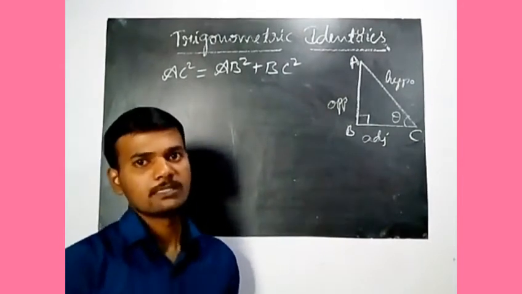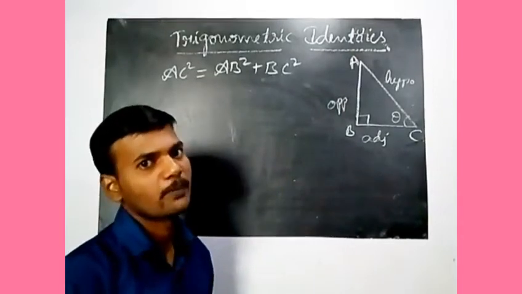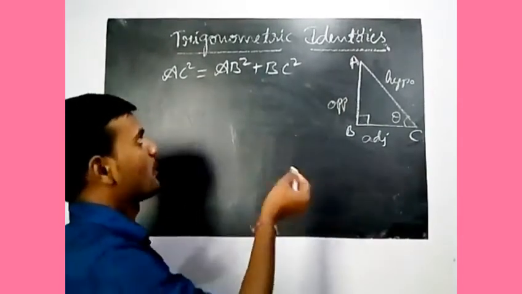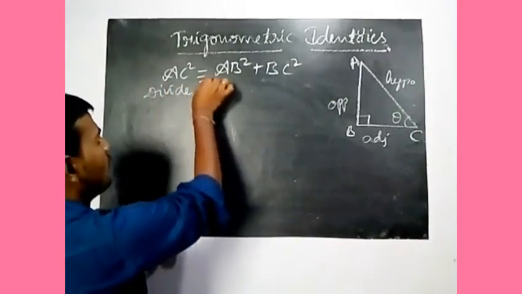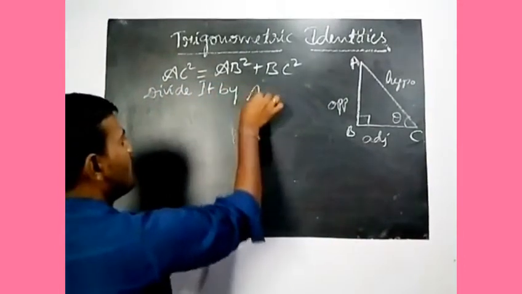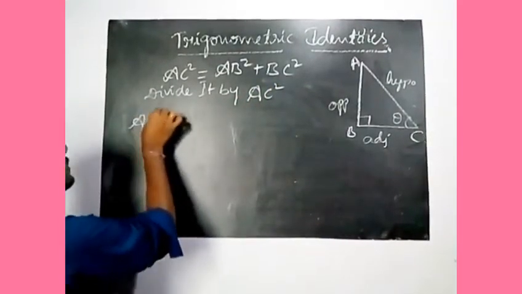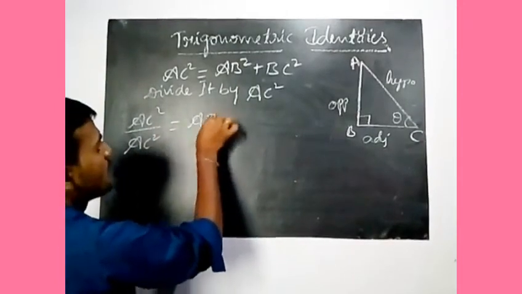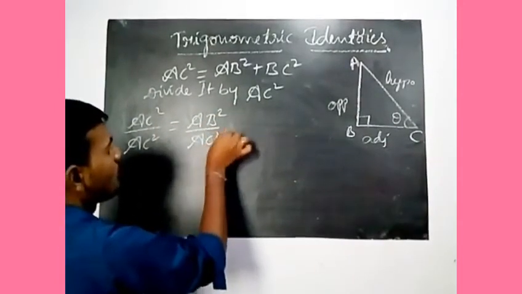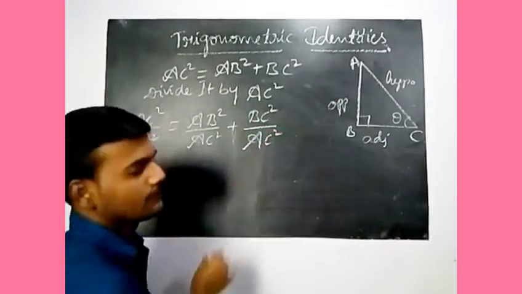Now divide the equation by AC square. AC square by AC square is equal to AB square by AC square plus BC square by AC square.